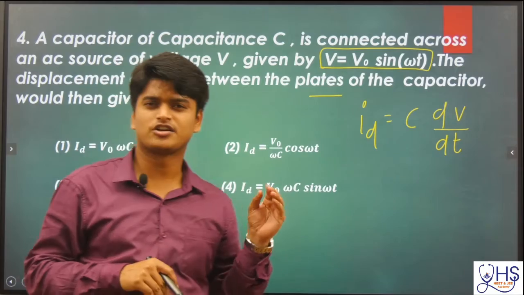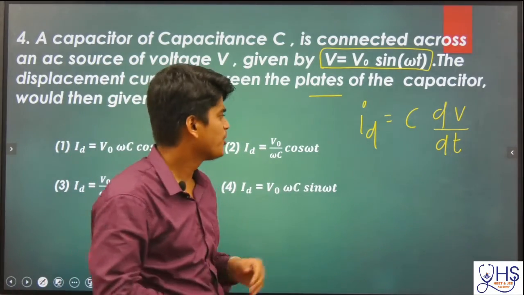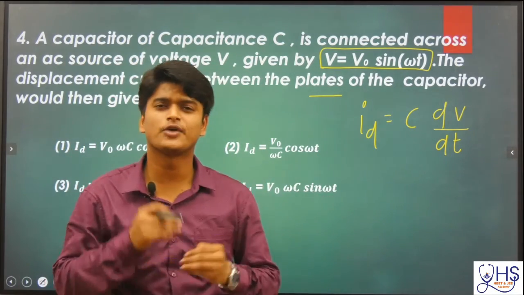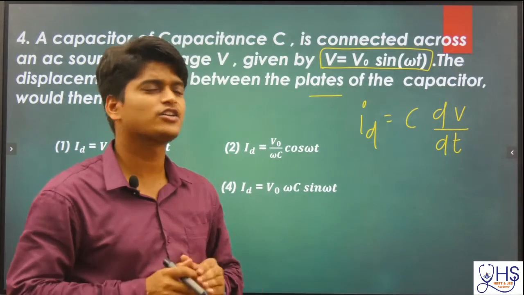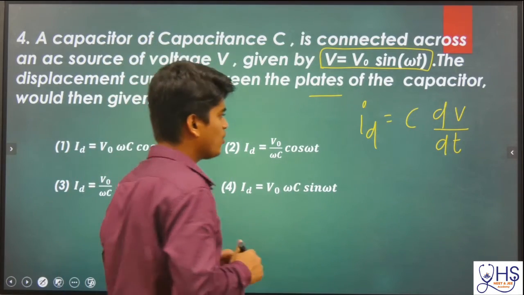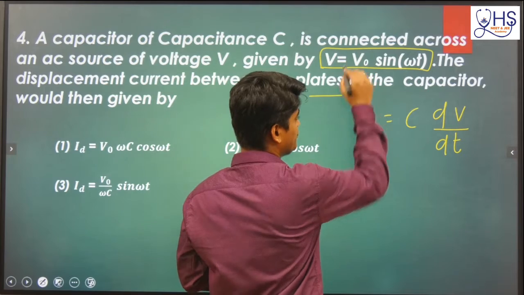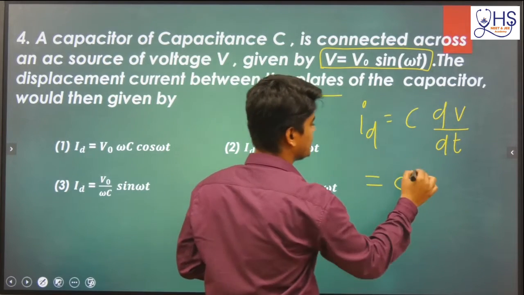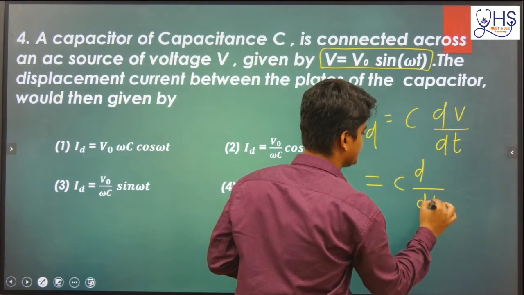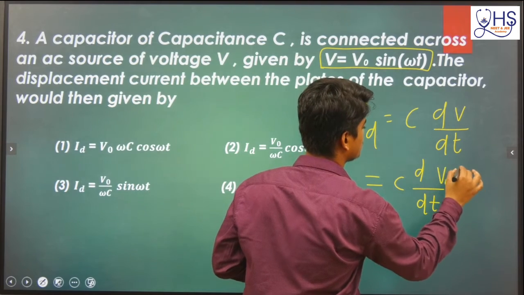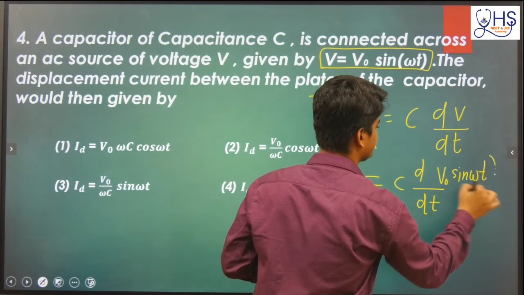In terms of conduction current due to flow of charge carriers, but displacement current is due to the variation of electric field, so it comes inside the capacitor. Now if I substitute V, it will be d/dt of V naught sin omega t.